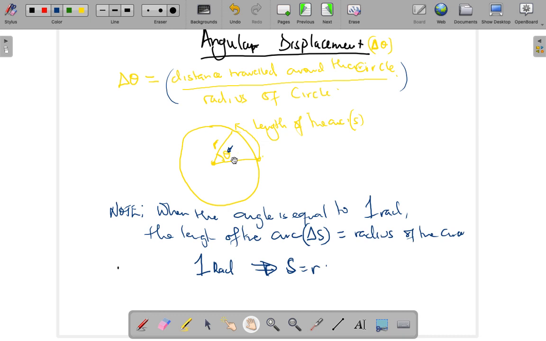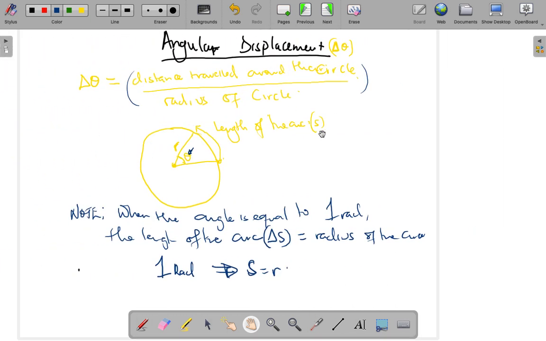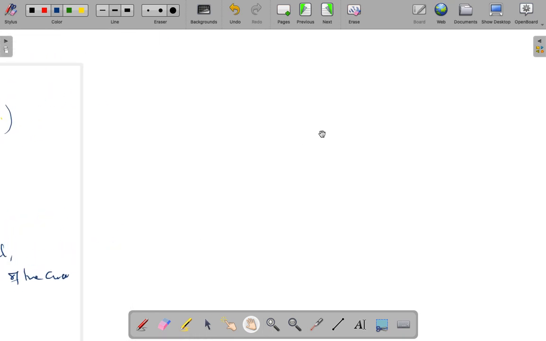Okay, so let's continue to the next subtopic under circular motion, and that will be angular velocity. I'll just move this to the side, and we go for angular velocity.